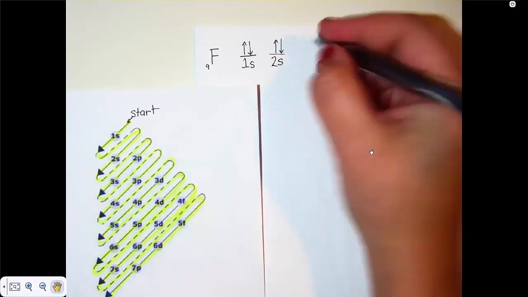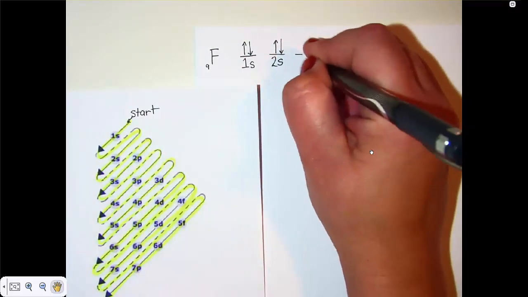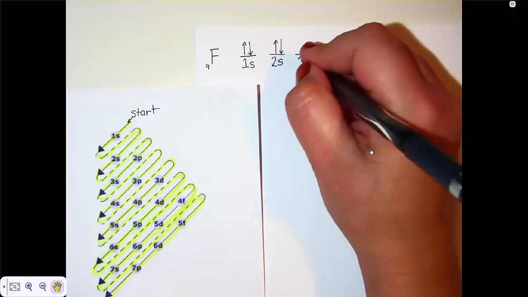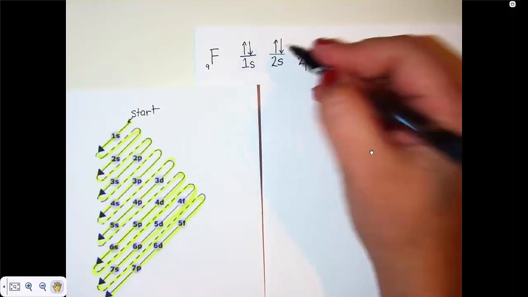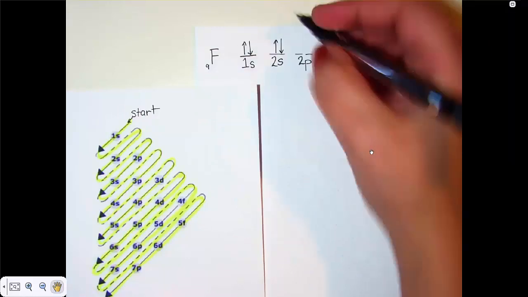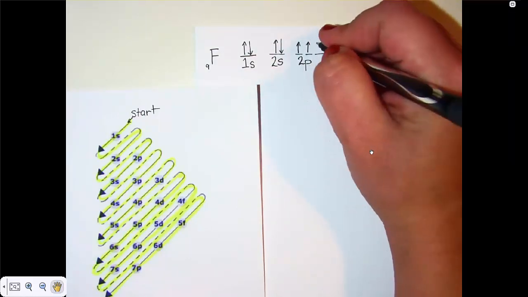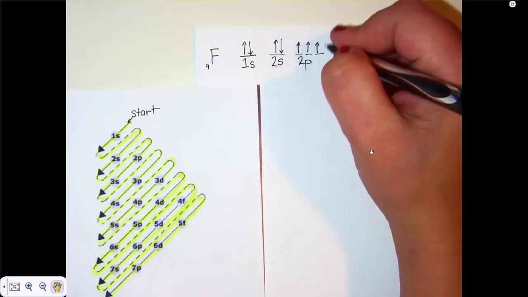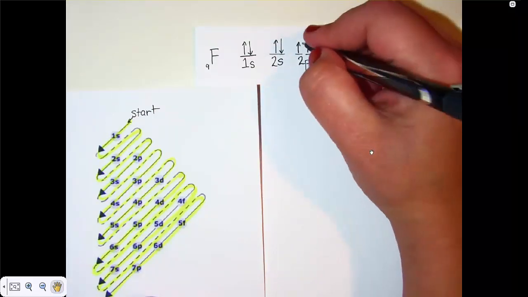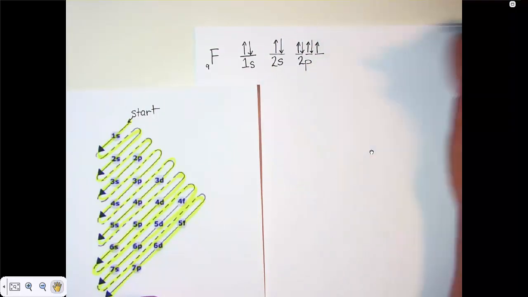Then I move to P sublevel, which has 3 orbital paths, and this was in the second energy level. And I've got 1, 2, 3, 4 total electrons right now. I'm trying to get to 9. So here's 5, 6, 7, and we're putting 1 up on each line because of Hund's rule. There's 8, and then there is 9.